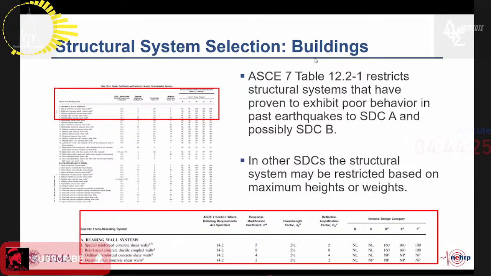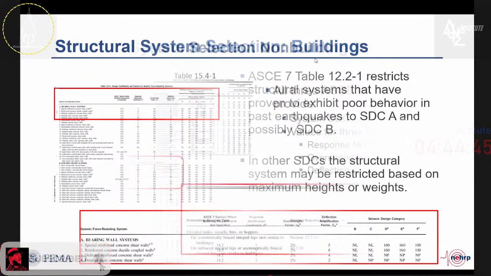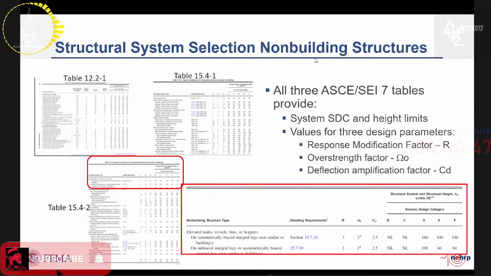If an NL appears in the table next to the system name, that means for that seismic design category, there is no restriction on the use of the system. Other categories will have height limits shown in this excerpt of the table as either 100 foot or 160 foot, and it's not possible to use the systems for structures that are taller than that. As shown here is Table 12.2-1 compared with Tables 15.4-1 and 15.4-2 that show similar requirements for non-building structures.